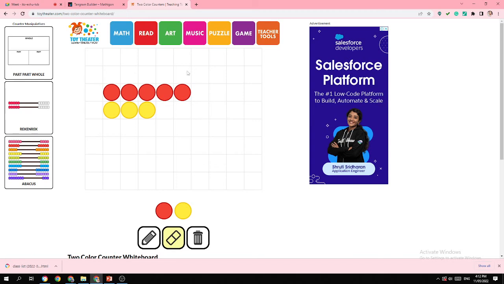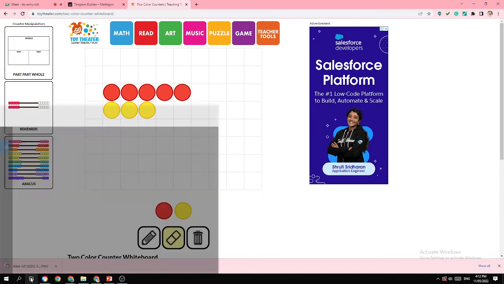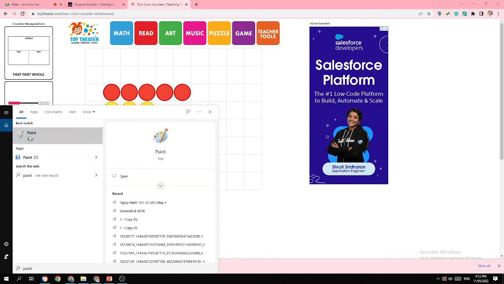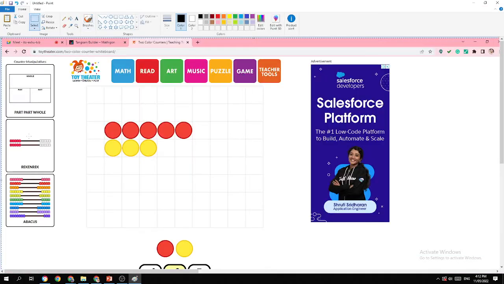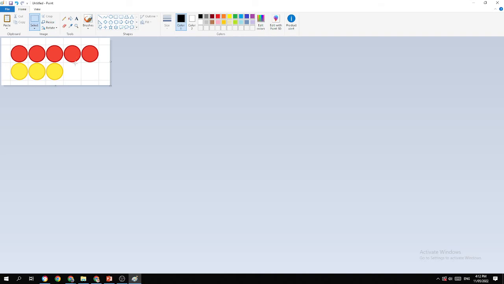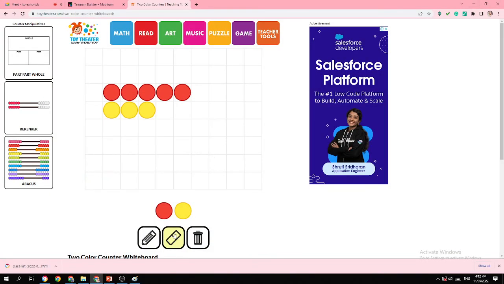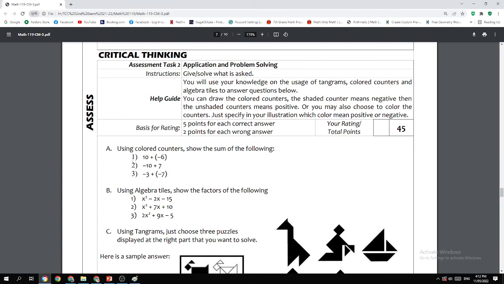Take your screenshot, print screen, then open your Paint and select it. Then place it in your number 1 and choose the answer.